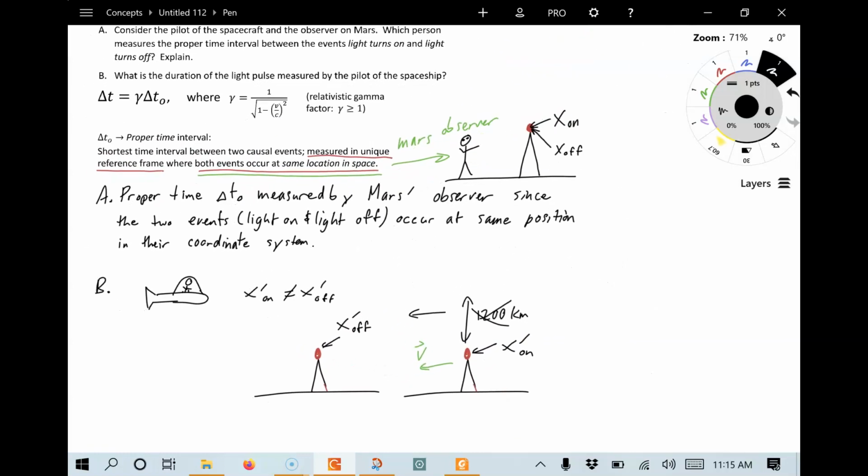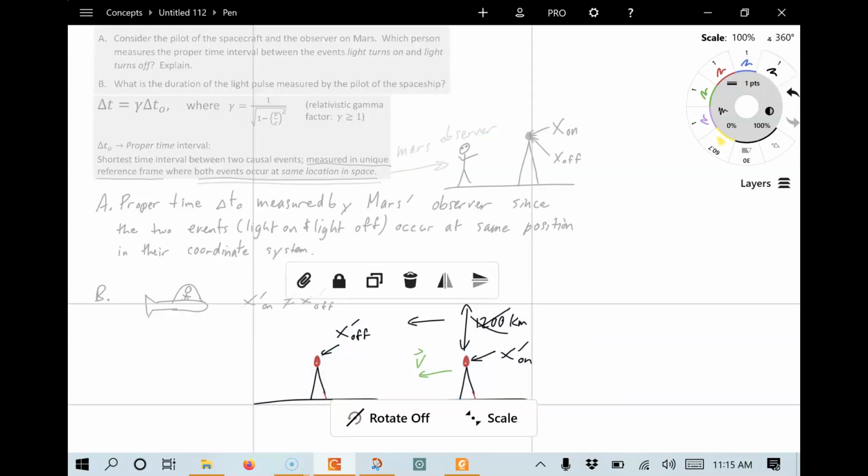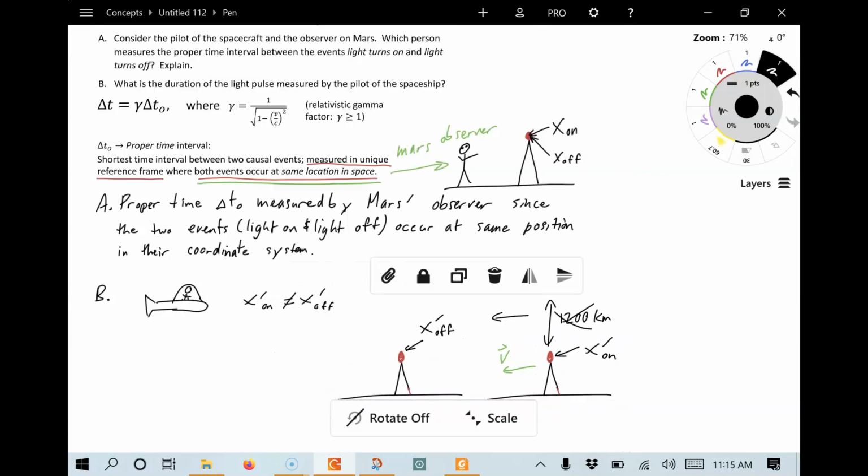Now, to calculate that dilated time is pretty simple. We just have to use the equation there. So delta T is equal to gamma times the proper time interval.